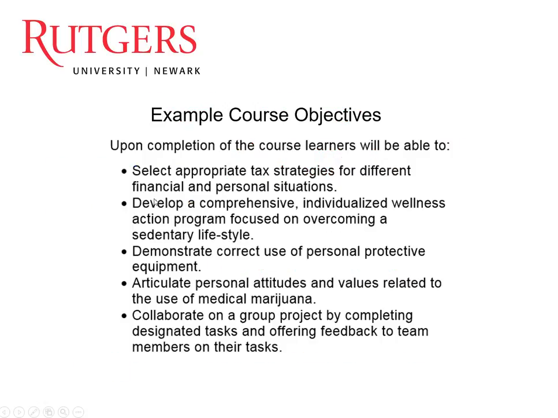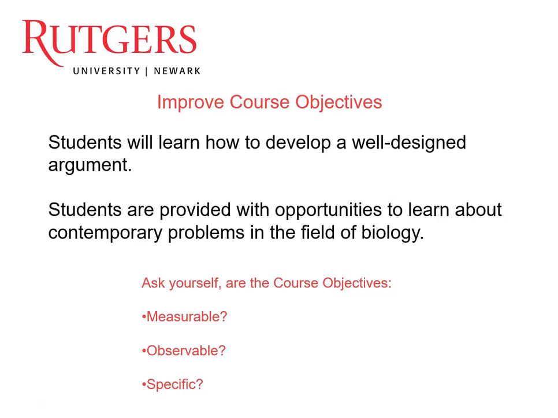So here are some example course objectives. You can also go on the internet and look them up yourself if you need any kinds of references, but you can see that they are specific, they have action verbs, and then there's a measurable outcome to them. If we look at some maybe not as well designed course objectives, the first one, students will learn how to develop a well-designed argument.